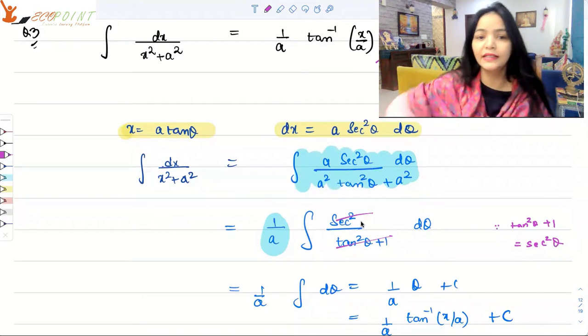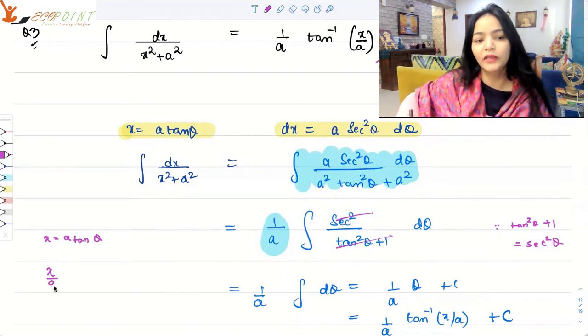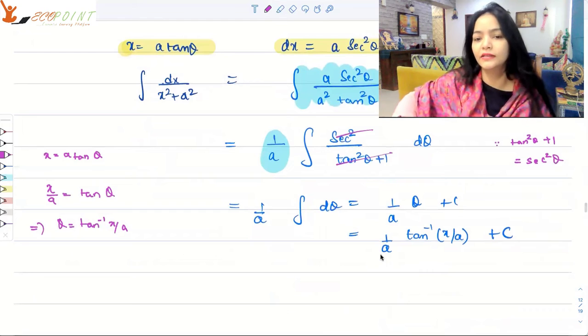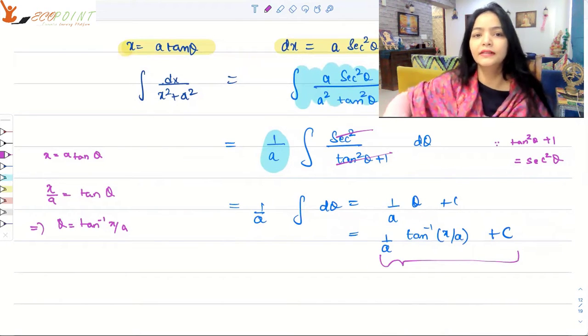Now, since you've taken x as a tan theta, x upon a is equal to tan theta. That means theta is equal to tan inverse x by a, and hence that is the correct answer.